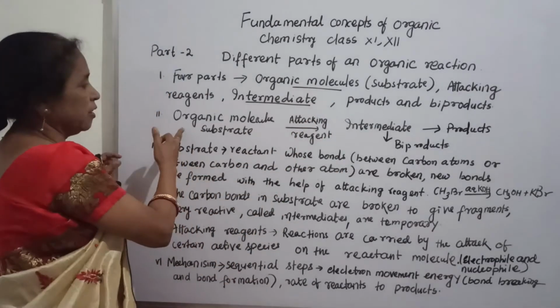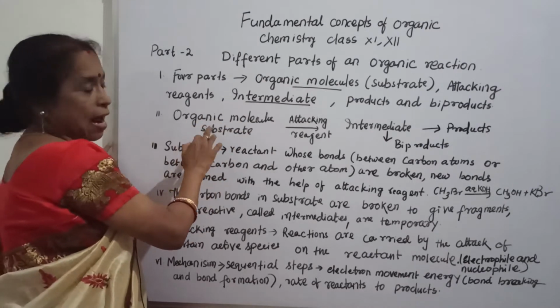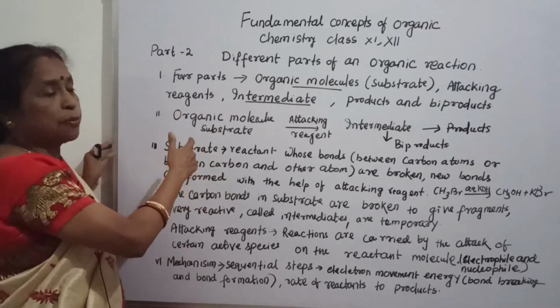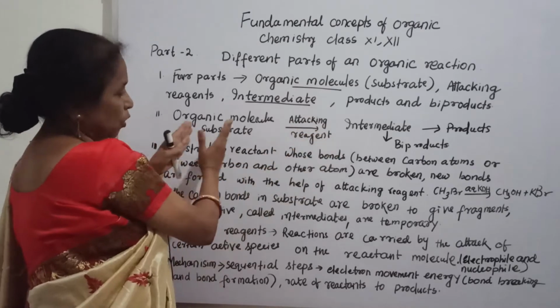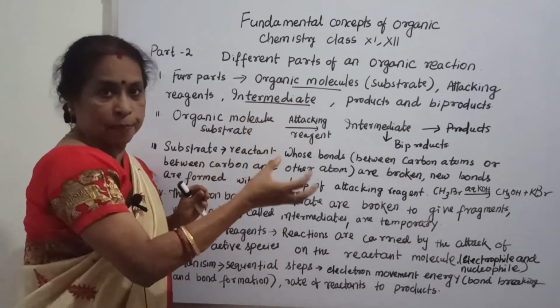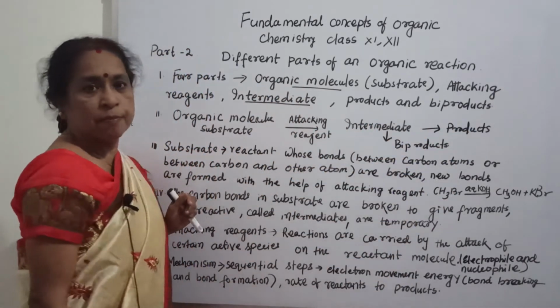Here I have written organic molecule, substrate, full of covalent bonds, and the covalent bond may be between carbon and carbon or carbon and other atoms. The substrate and attacking reagent combine and give one intermediate which is very temporary, transitory, and after that it gives product and byproduct.